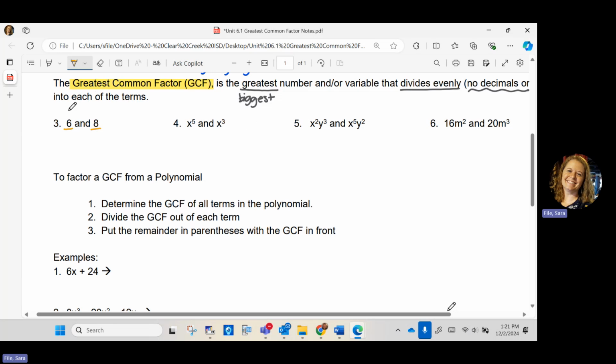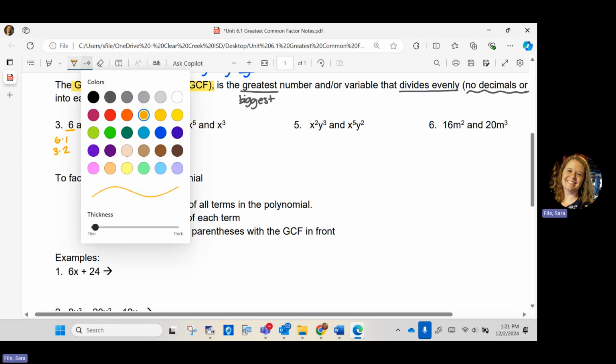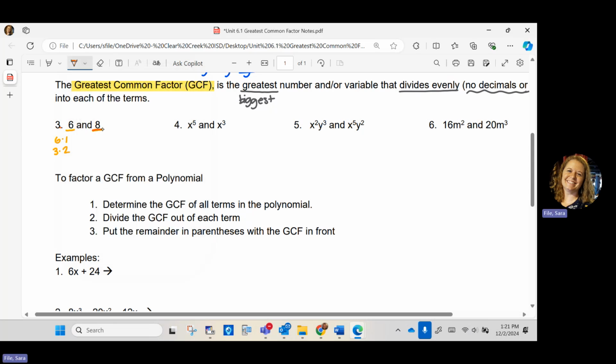What numbers multiply to give you 6? 6 times 1 and 3 times 2. Then the factors of 8, what do you multiply to get 8? You could do 8 times 1, or what else? 2 times 4, or 4 times 2. It doesn't matter what order you put it in. So those are the factors.